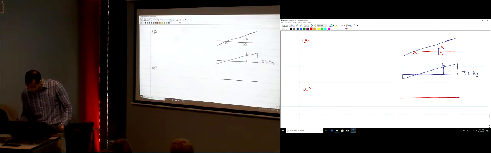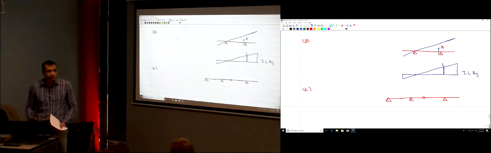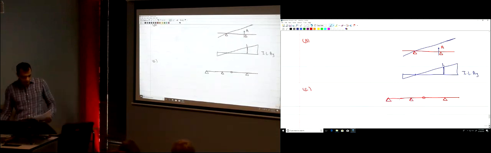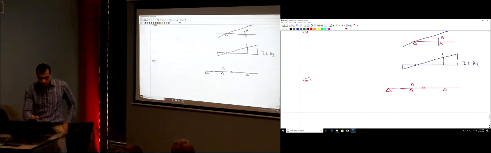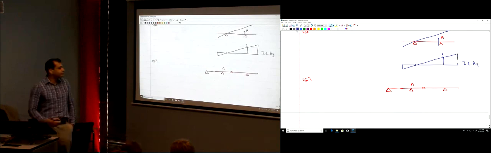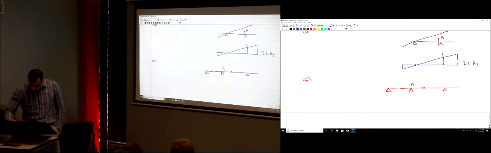We have this compound beam, and this is point A. This is the last thing that we're going to do here. I want to draw the influence line for AY. How can I do this? Just push the beam up here.